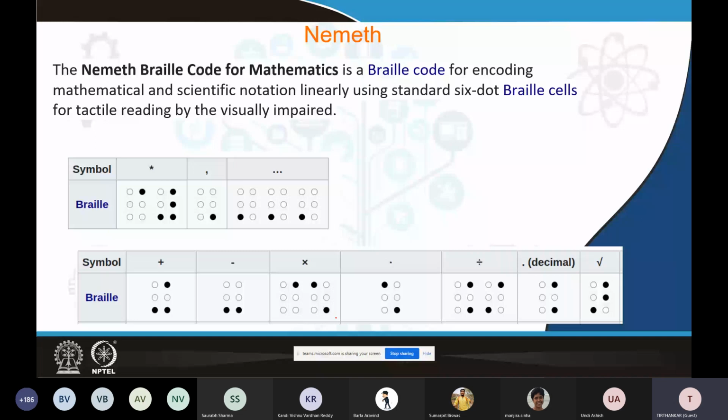But if we have an 8-dot braille system, these two cells can be merged together and have a different representation. So we don't need two cells to represent one character. Using the 8-dot system, we can have only one cell for a single character, which drastically reduces the space, and we can pour more content in one single page.